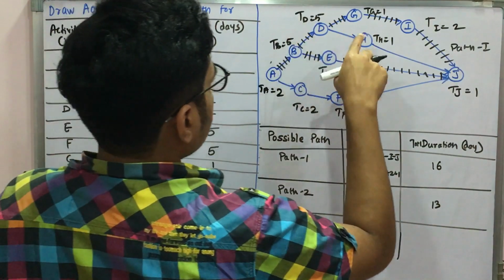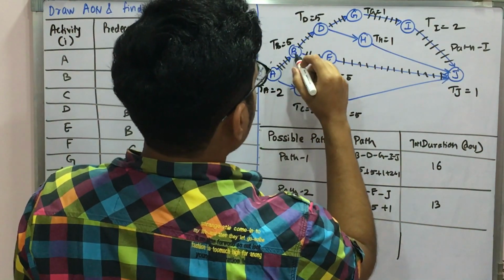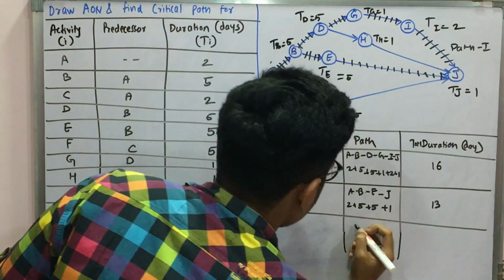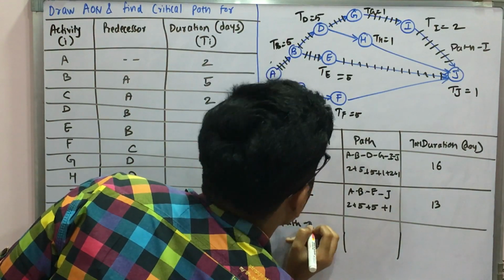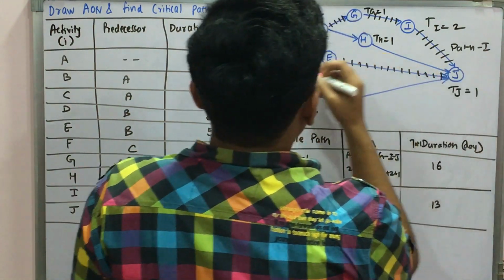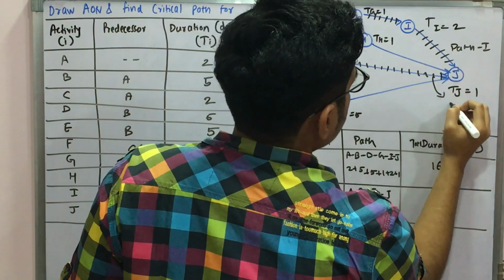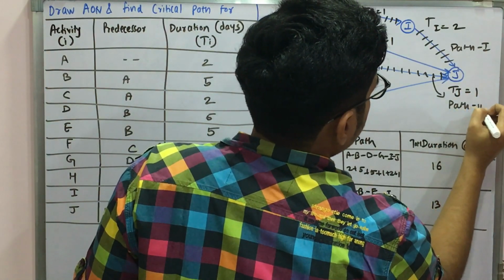Next we consider this path, that is path 3.